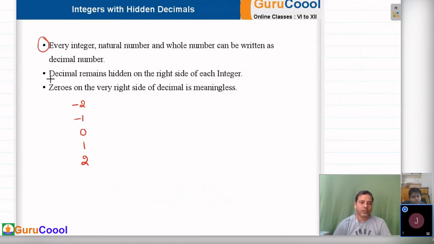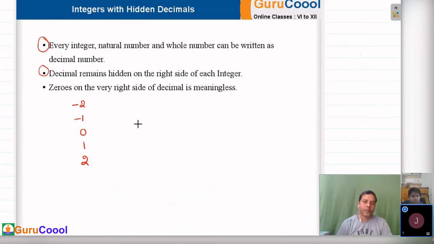Second point. Decimal remains hidden on the right side of each integer. Next, zeros on the very right side of a decimal are meaningless.